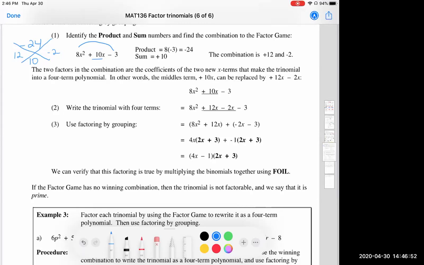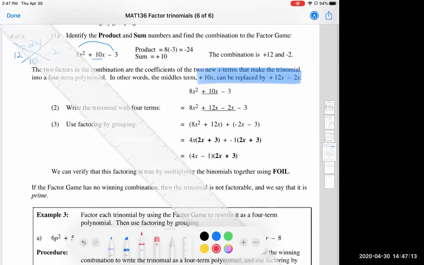The two numbers in the combination are the coefficients of the new x terms that make the trinomial into a four-term trinomial. In other words, the middle term 10x can be replaced by 12x minus 2x. That's the whole purpose of doing this.